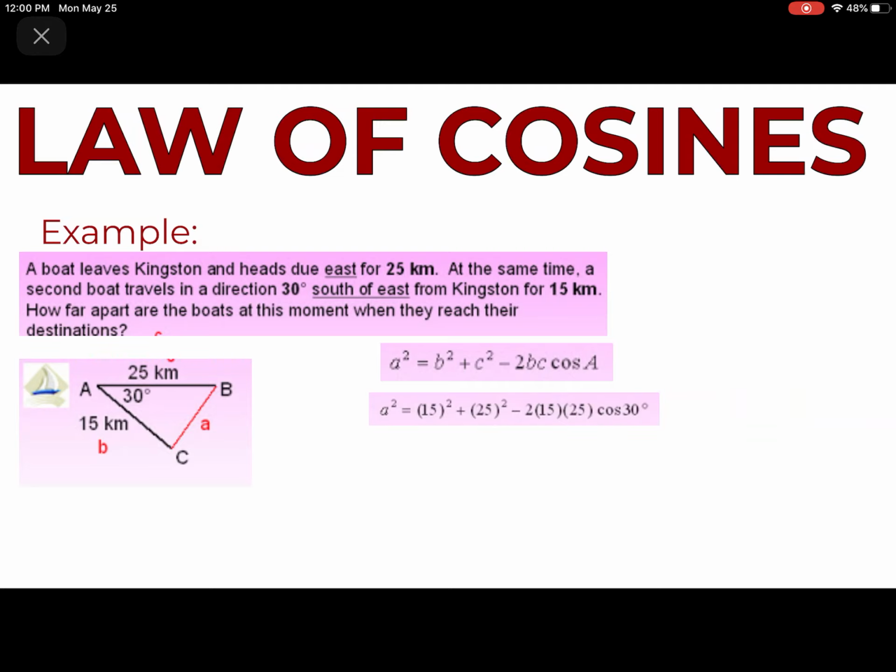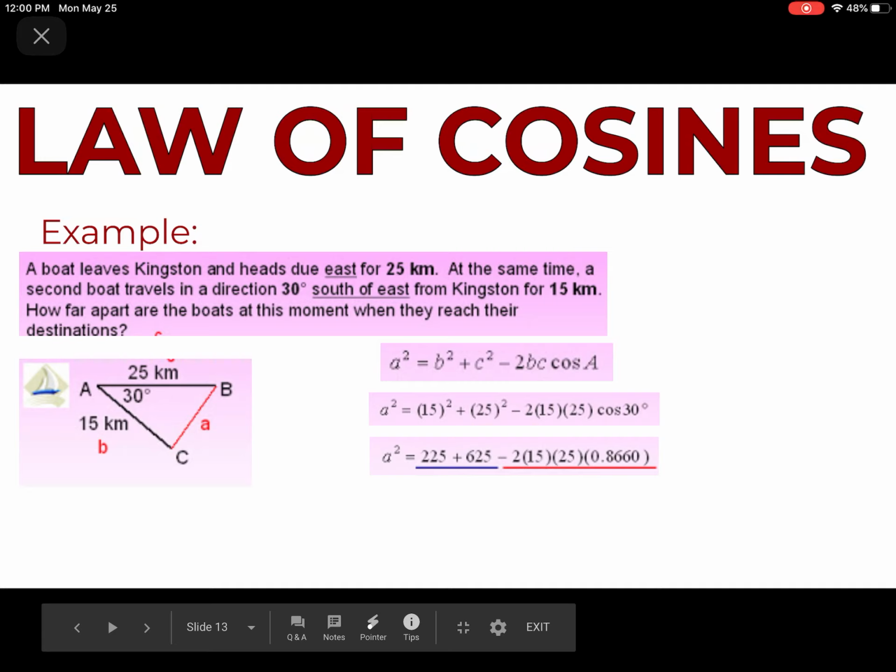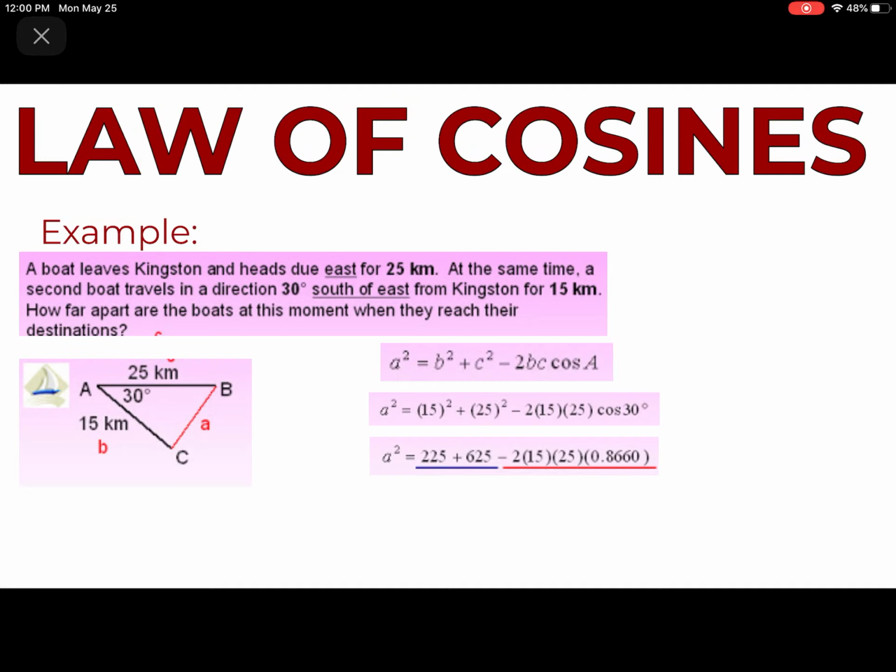Now I'm going to plug some things in. A squared equals 15 squared plus 25 squared minus 2 times 15 times 25 times cosine of 30. A squared is going to equal 225 plus 625 minus 2 times 15 times 25 times 0.8660.